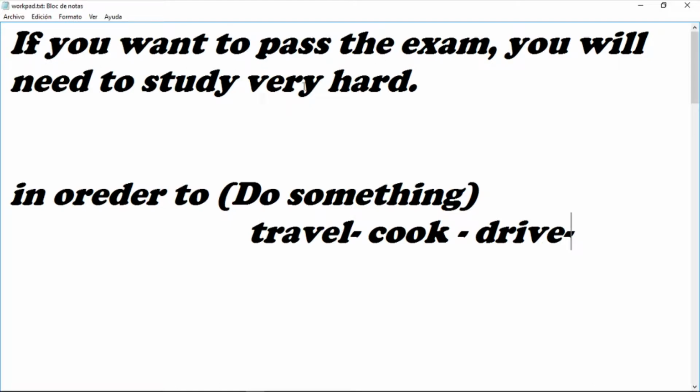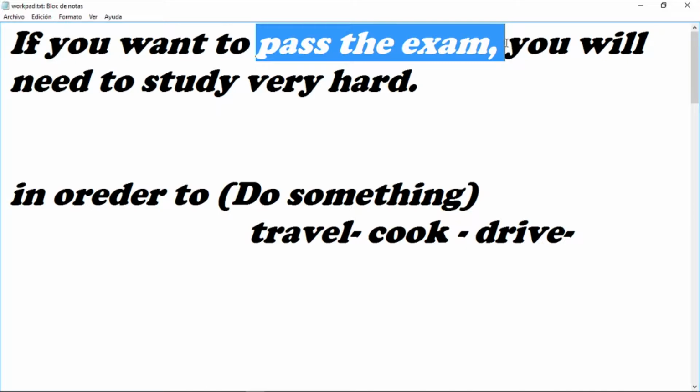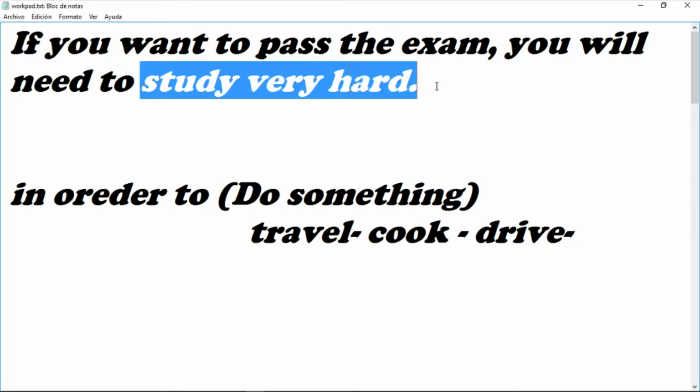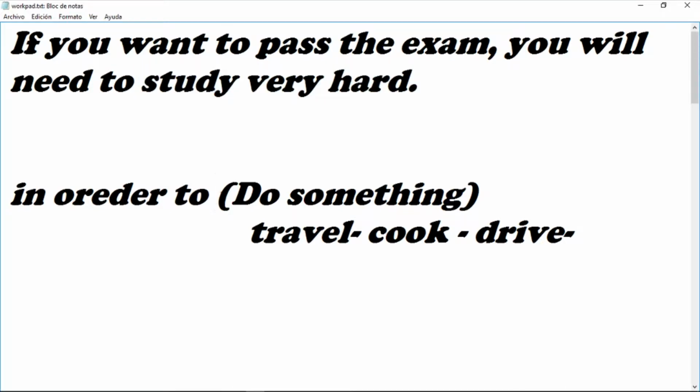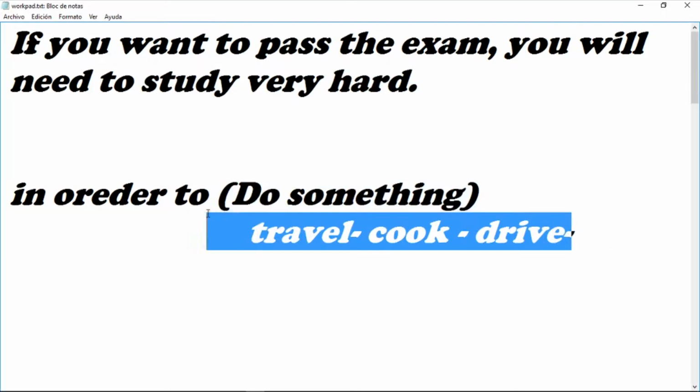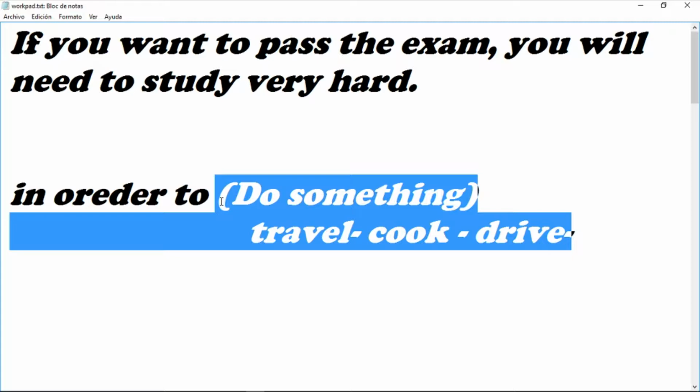So this is the sentence. If you want to pass the exam, you will need to study very hard. What is the purpose here? Pass the exam. What do they have to do first? Study very hard. So, how do I make the sentence? In order to, we're going to use the verb. What is the verb?